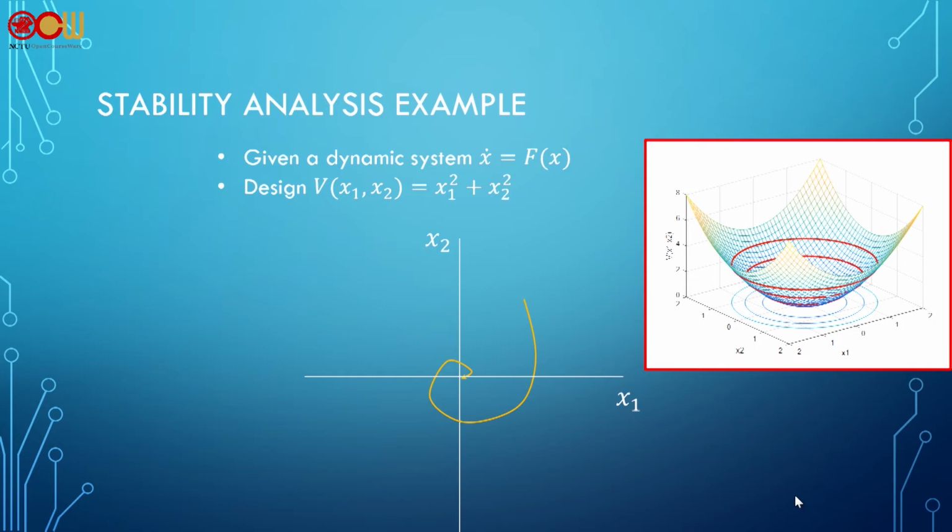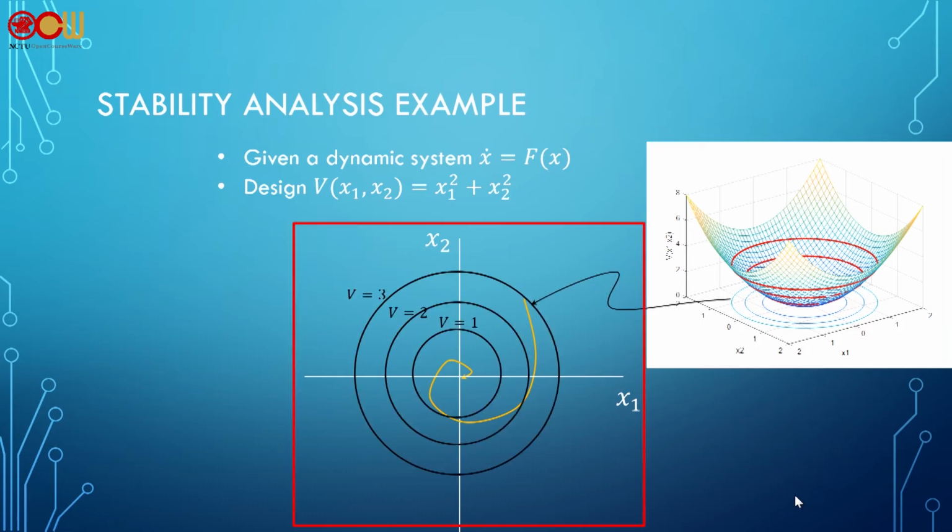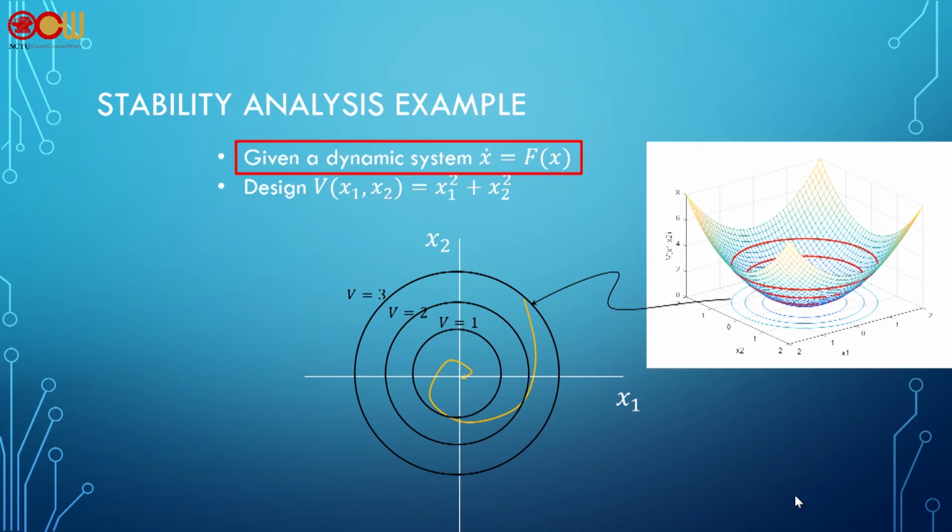And this is the phase portrait, which lies in this 2D plane, okay? And these 3 circles are the level surfaces on this phase portrait, and the projections are these 3, okay? According to this dynamics, the trajectory's Lyapunov function is this. You can see in this case, V is always decreasing, right?